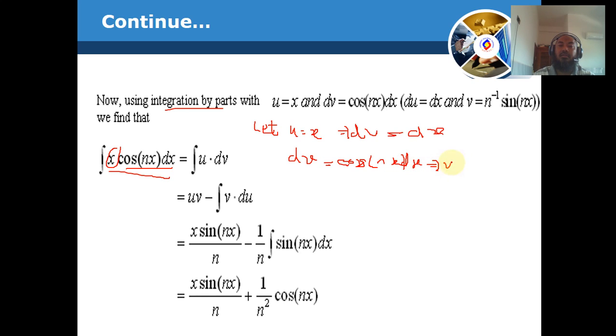So we will get v equal to the integral of cos nx dx, which is 1 divided by n sin nx.